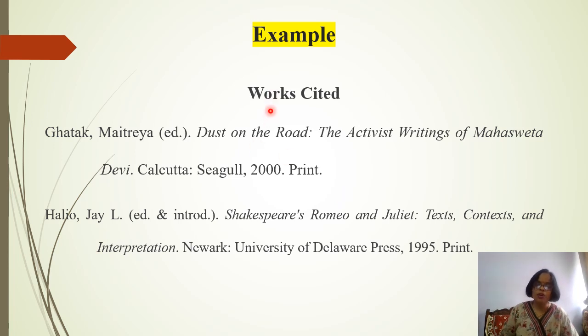And here also you see between the heading works cited and the first entry, again double space is maintained. And one more thing is also there, that we have to alphabetize. So G comes first before H. Is it clear?